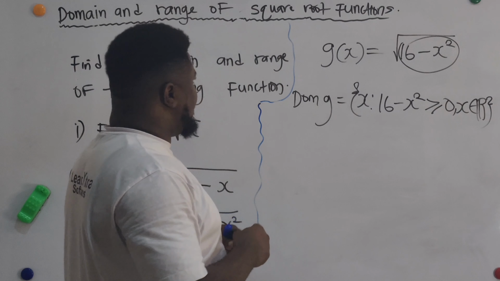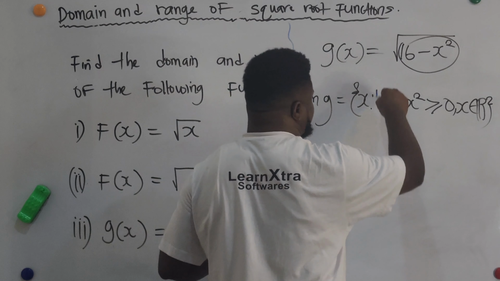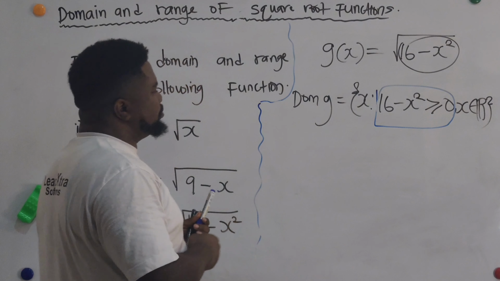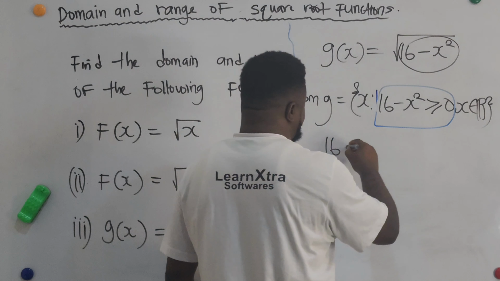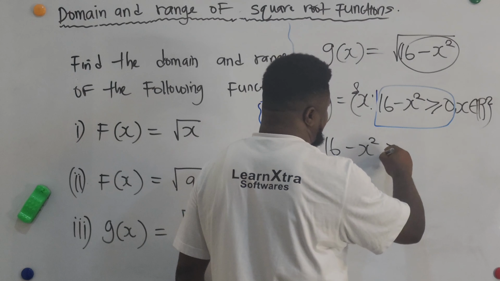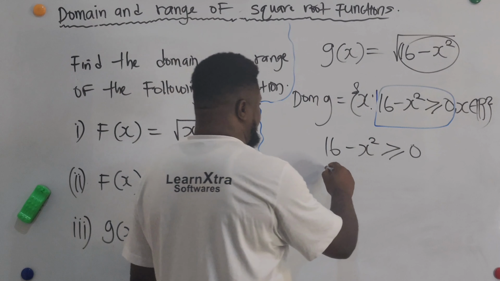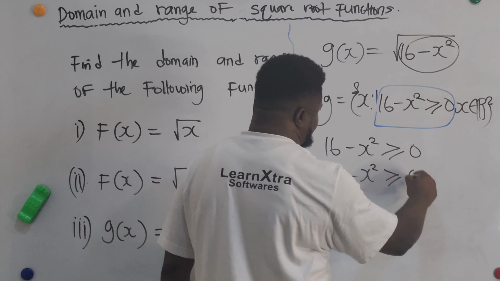Now, we have to go ahead and simplify this. If you know math very well, you can simplify it. This will be 16 minus x squared bigger or equal to 0. Since 4 squared minus x squared is bigger or equal to 0, it is a difference of two squares, so you can write (4 - x)(4 + x) bigger or equal to 0.